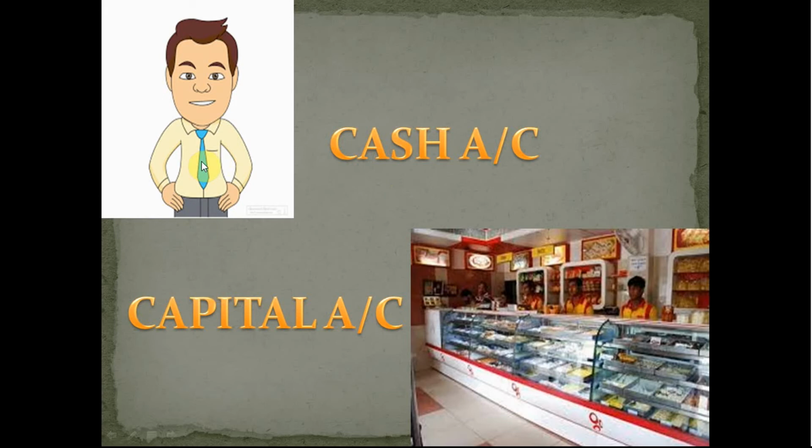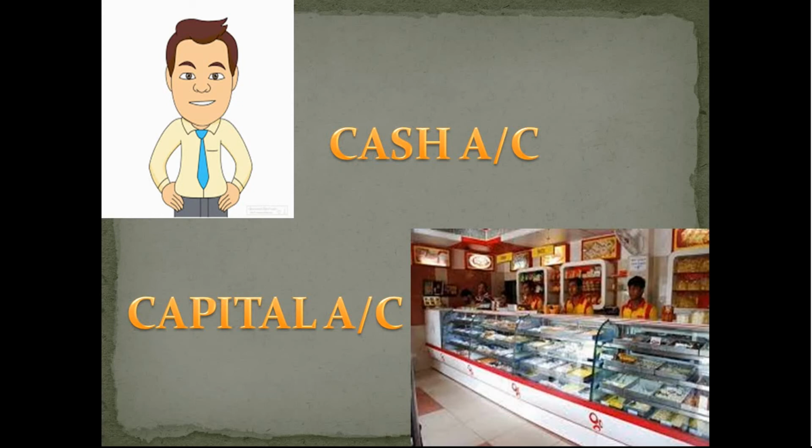In this example, two accounts are affected: the cash account, which is an asset because 10,000 comes into the business, and the capital account, being a liability since it creates a present obligation on the shop to repay money back to this person sometime in future.